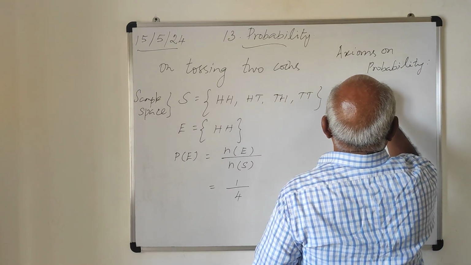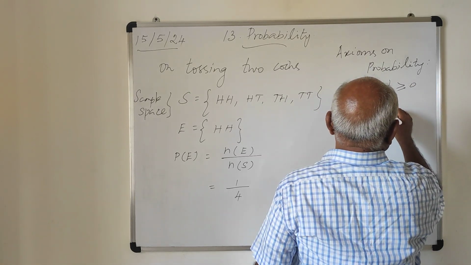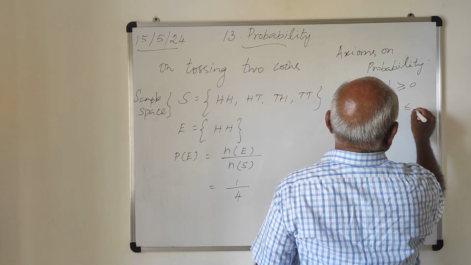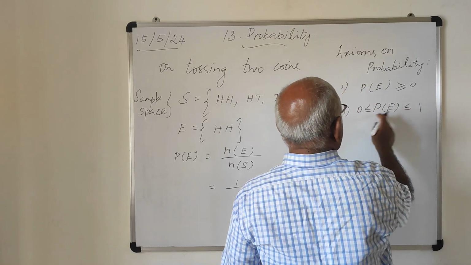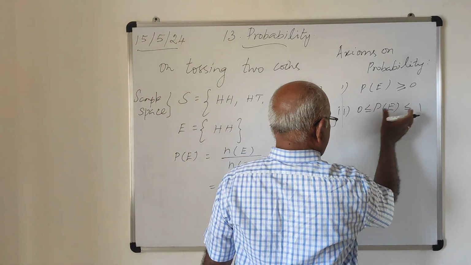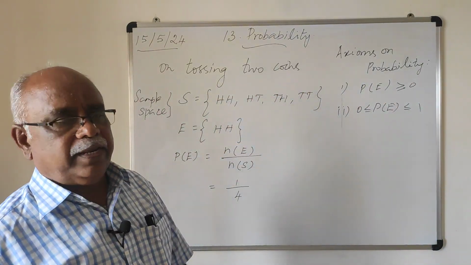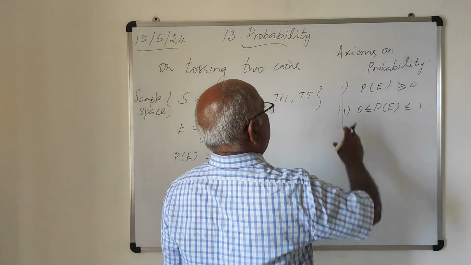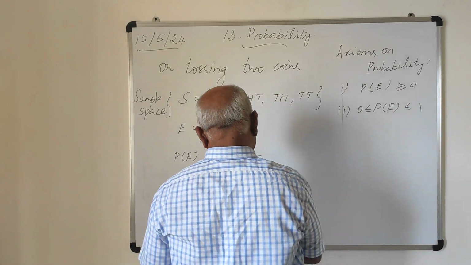That is the first axiom: the probability of any event should be greater than or equal to 0, and less than or equal to 1. The probability of any event lies between 0 and 1. That means it's a fraction, and it is greater than or equal to 0.